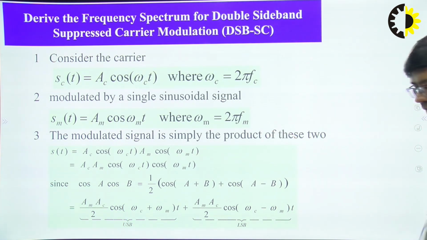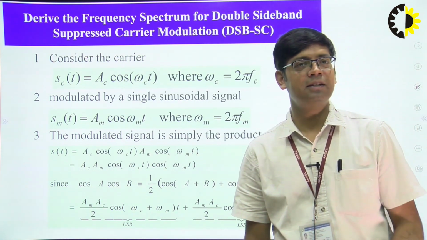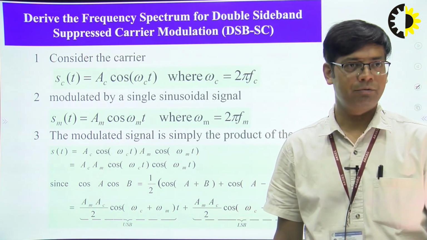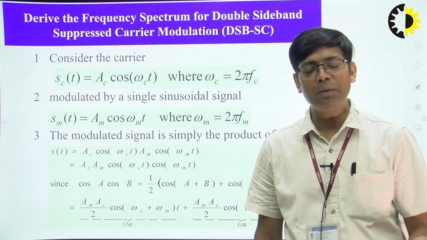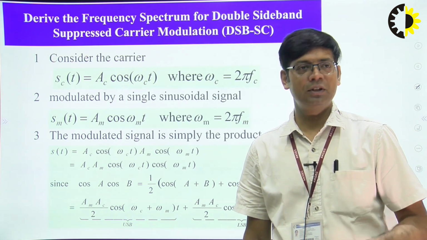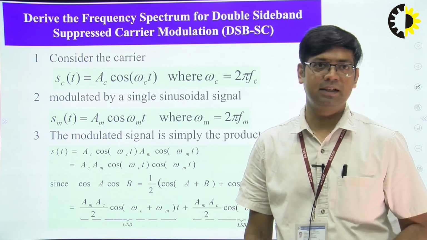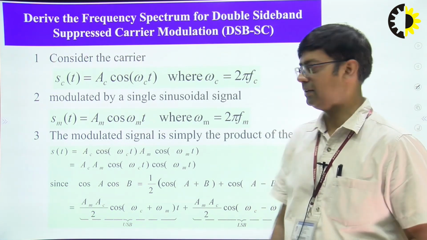Now, if we have to obtain the double sideband suppressed carrier wave, then it can be obtained by doing the product of these two signals, that is the carrier signal and the modulating signal.